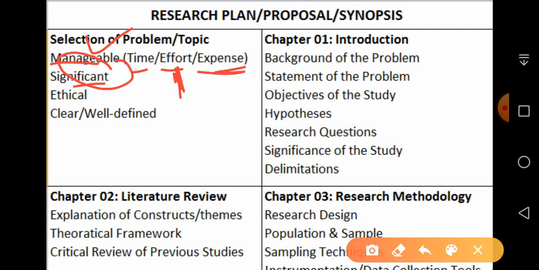So here a trivial problem should not be chosen. Let me give you a fun example: you spend many anxious hours to investigate whether the egg should be broken on the small end or the large end.